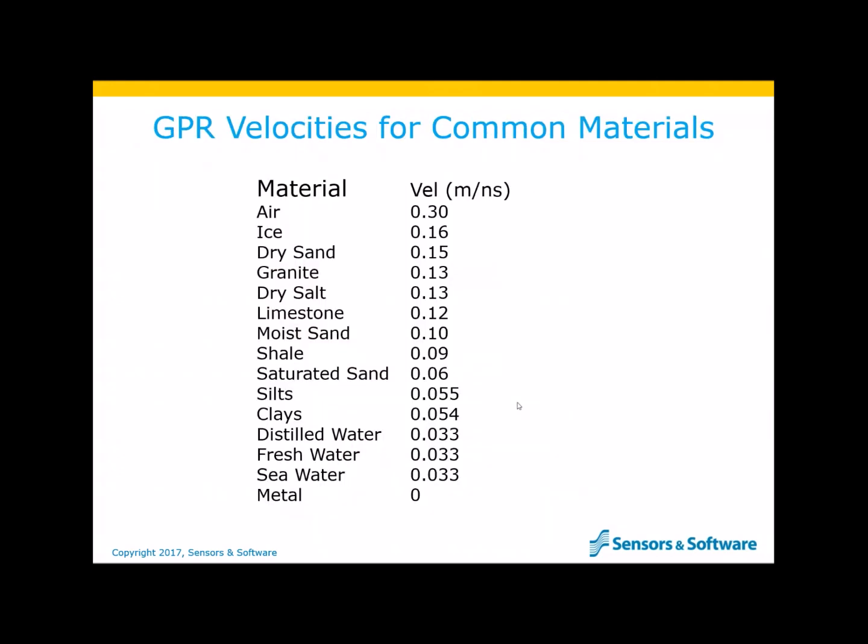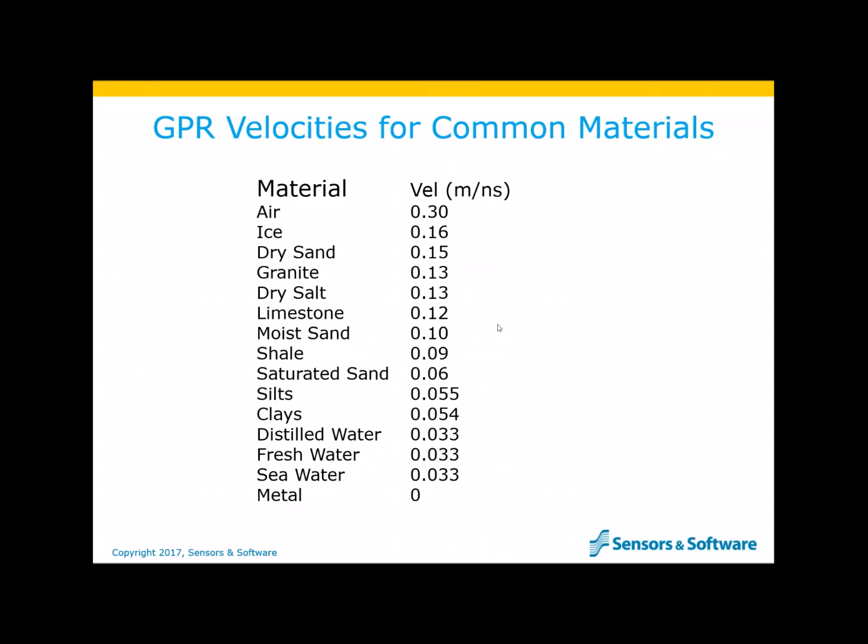Here's a chart of the GPR signal velocities in various materials. I want you to note that air is the fastest material. A velocity of 0.3 meters per nanosecond is also 300,000 kilometers per second, which some of you will know is the speed of light.